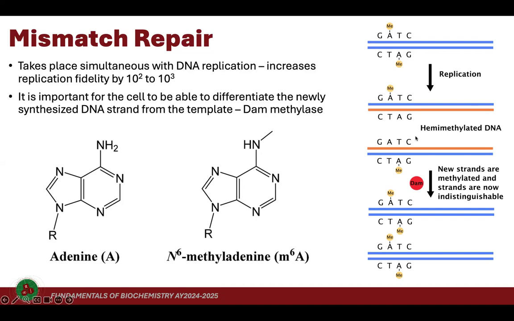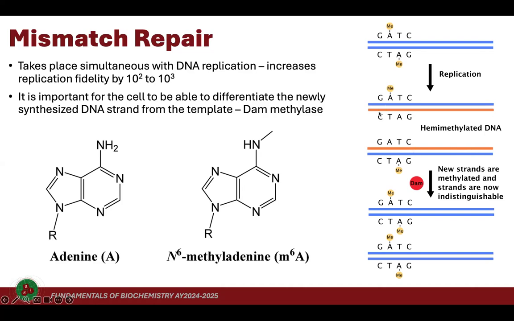So the mismatch repair mechanism takes advantage of this, because if your DNA polymerase needs to correct some mismatches, it can recognize the new daughter strand because it's not yet methylated.